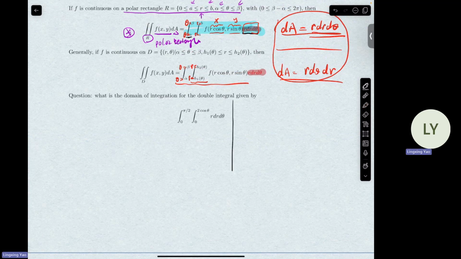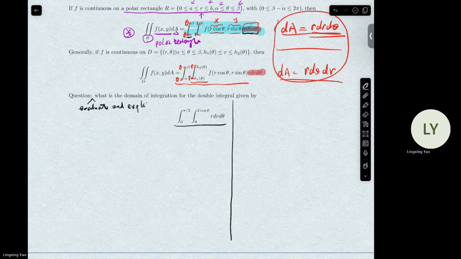What we want to do is first evaluate this double integral in polar coordinates. Evaluate and explain. We first want to evaluate this, right? So how about we evaluate it first?